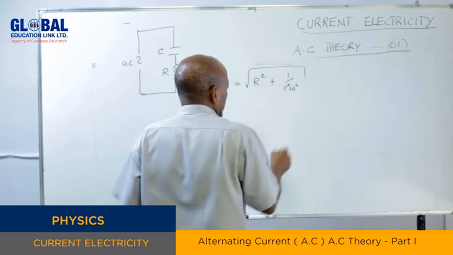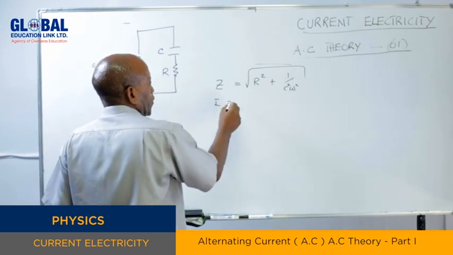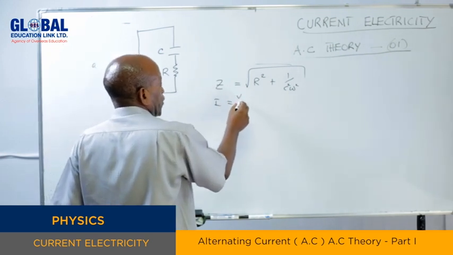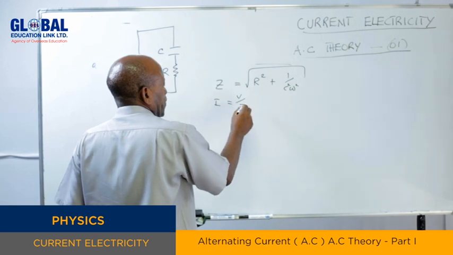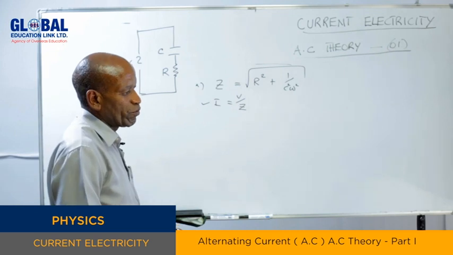Whenever you have obtained this, you can get the current by taking the ratio of the voltage over the impedance. That is for part A. As a hint, you can be able to do it.